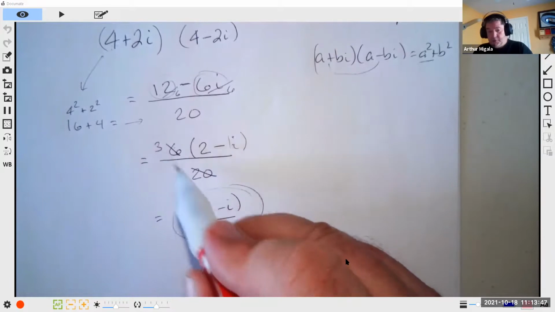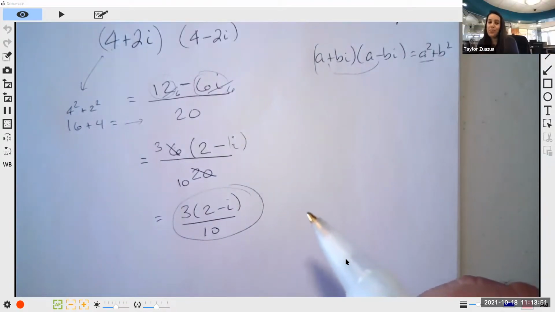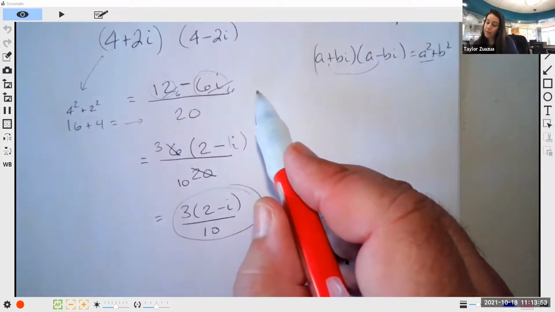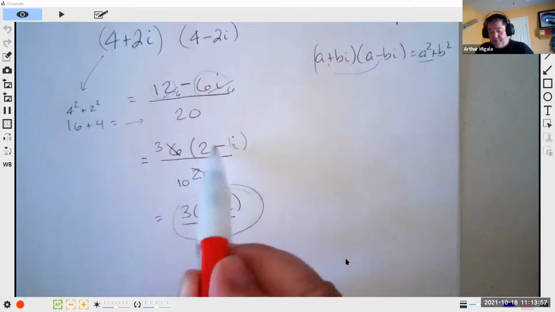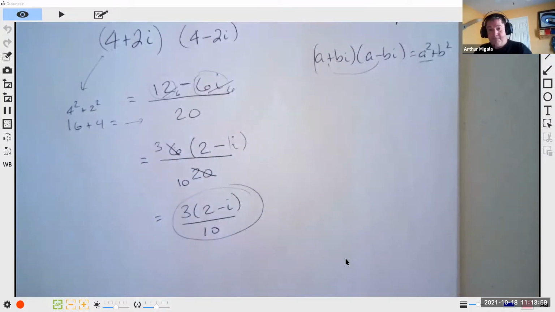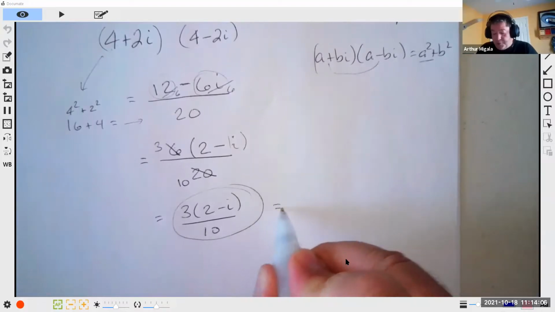We just brought down the parentheses and simplified the 6 that was in front of it, because they have to be multiplied before you can simplify. And that's the answer.